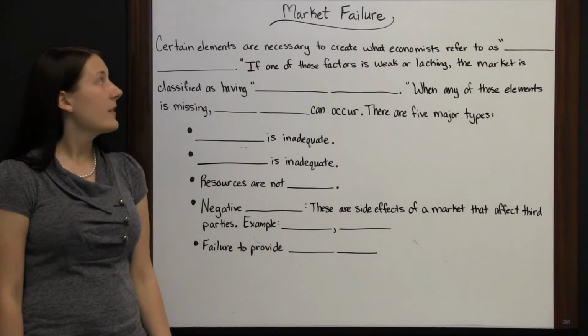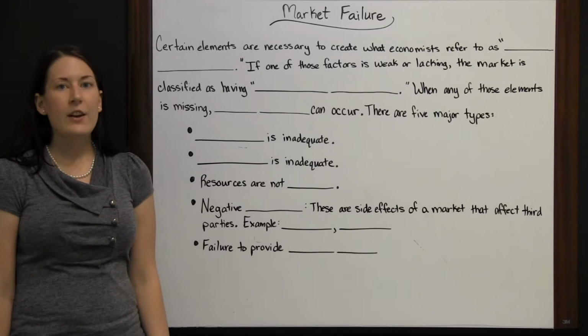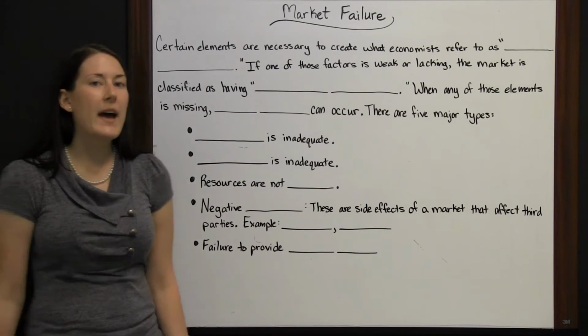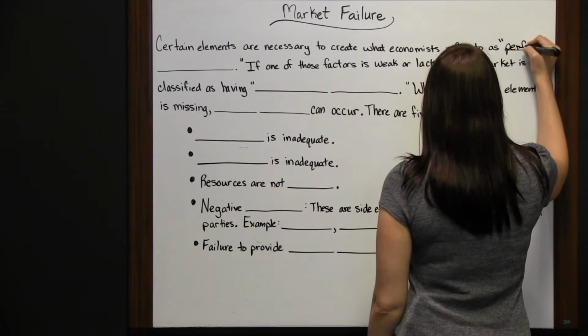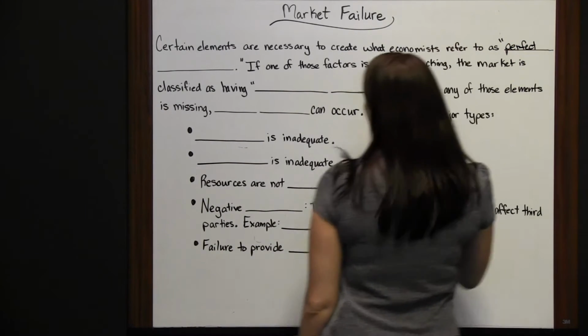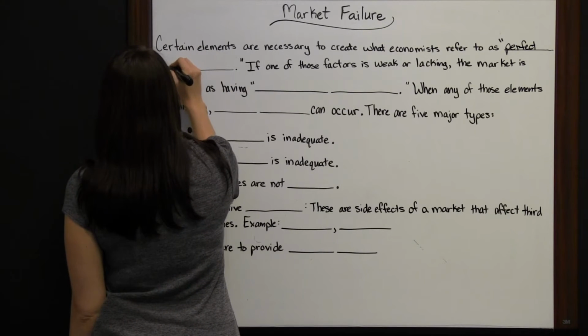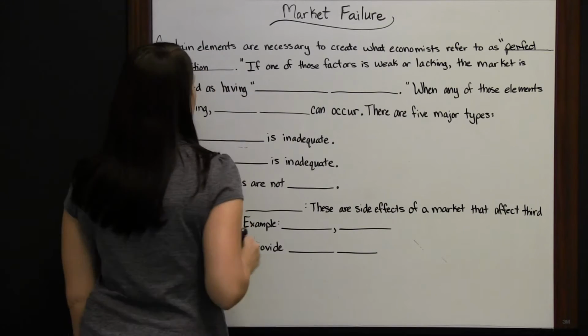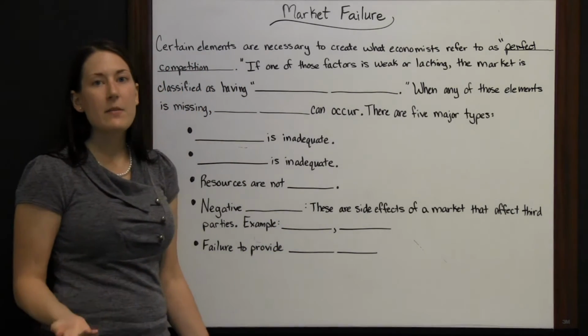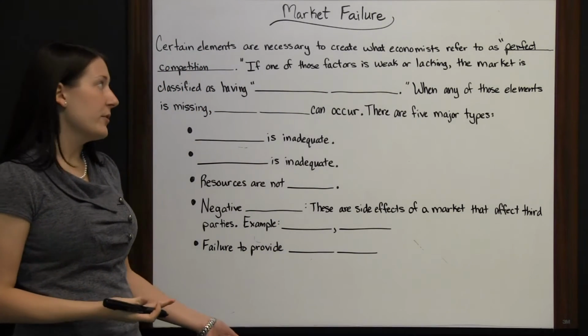Market failure. Certain elements are necessary to create what economists refer to as perfect competition. When you have perfect competition, it means there are plenty of suppliers providing a variety of products to meet the demands of buyers or consumers.